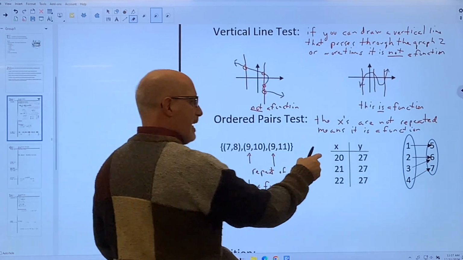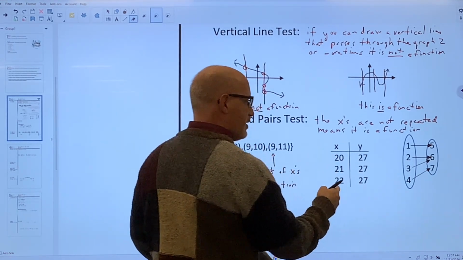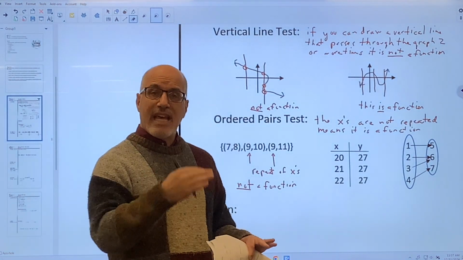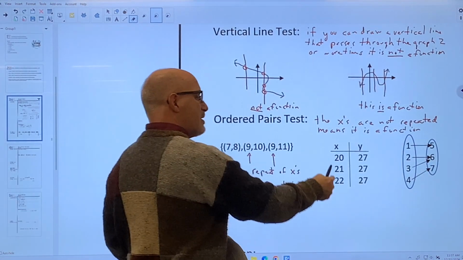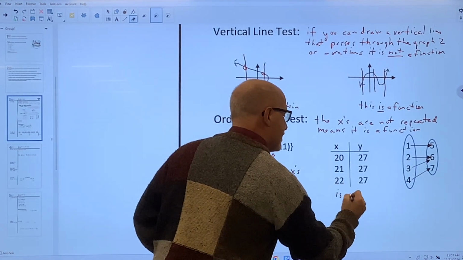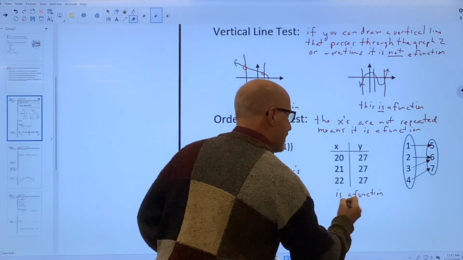Now this one, this x is paired with that y, this x is paired with that y, this x is paired with this y. The y's are repeated, that's okay. The outputs can be repeated, but the inputs cannot be repeated, so this is a function because the x's are not repeated.